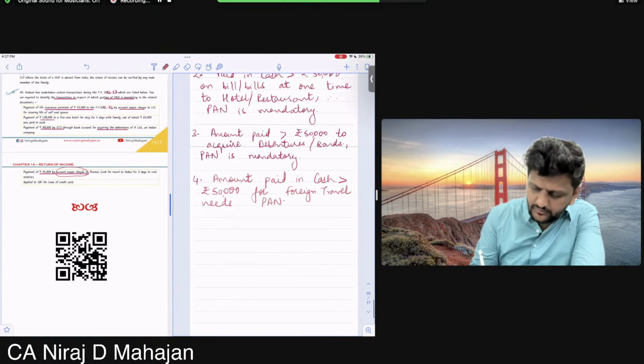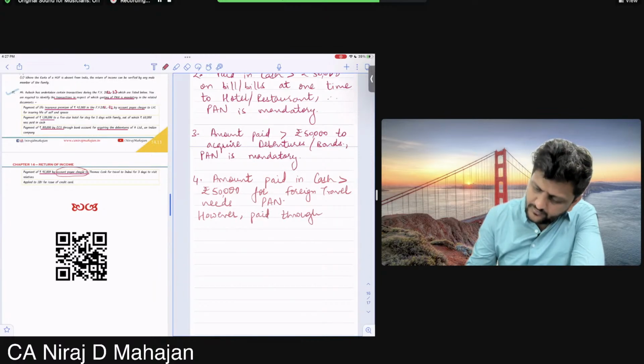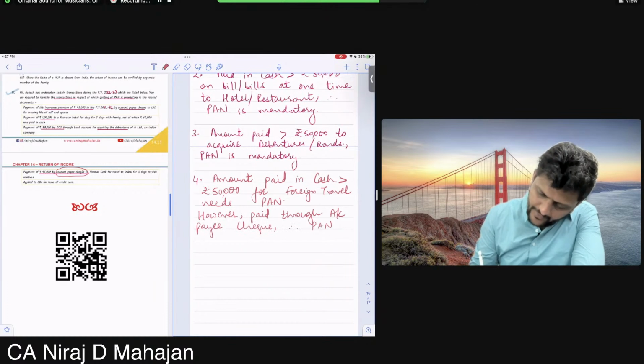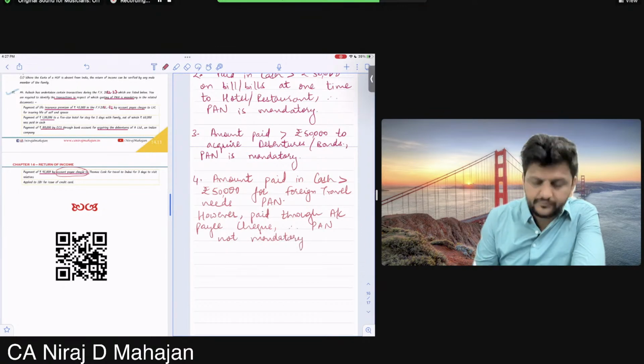However, paid through account payee cheque, therefore PAN not mandatory. PAN is not mandatory. Okay, all of you?